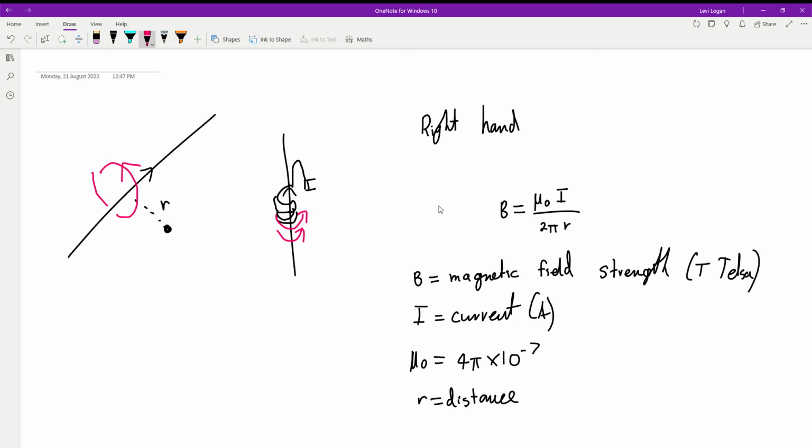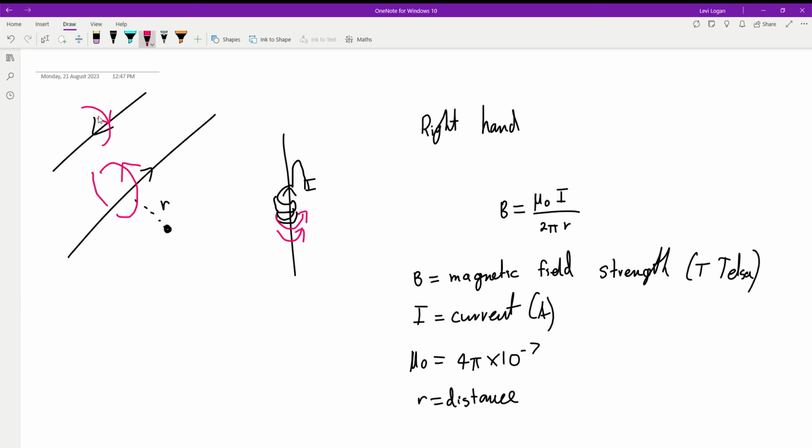Alright, so let's take a look at a specific question that deals with this. There'll be two parts to this question. One, we'll have to work out the direction of the magnetic field, whether it's going around like this. If the wire was going this way, it would be the opposite way. So you have to use your right hand rule. You need to stick your right thumb in the direction, and then wherever your fingers curl will be the direction of the magnetic field.